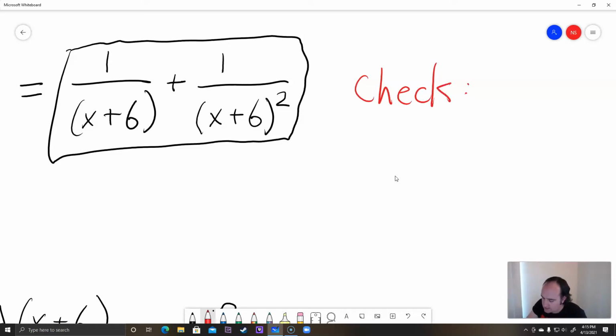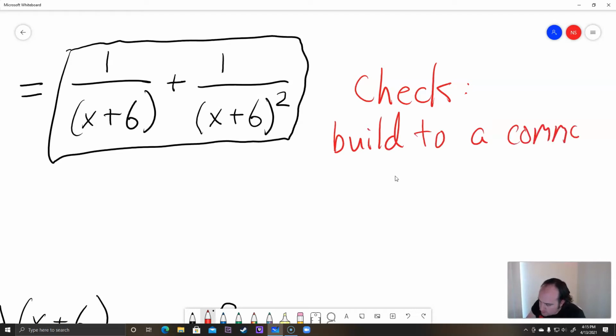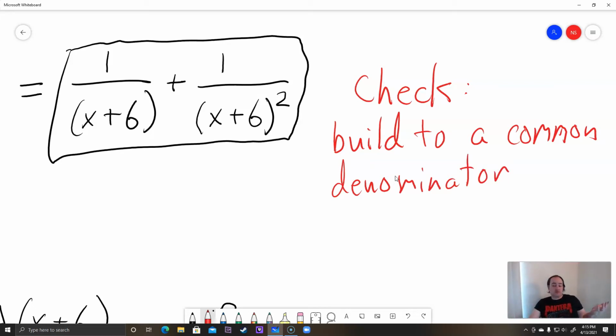Basically, you check by building to a common denominator. Okay, so build to a common denominator is how you check. And then basically you're going to add and then see if you get the original fraction.